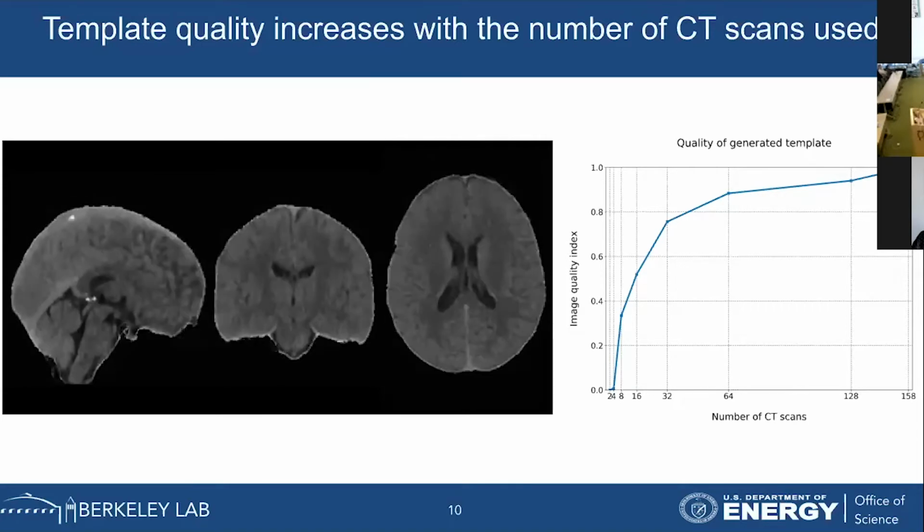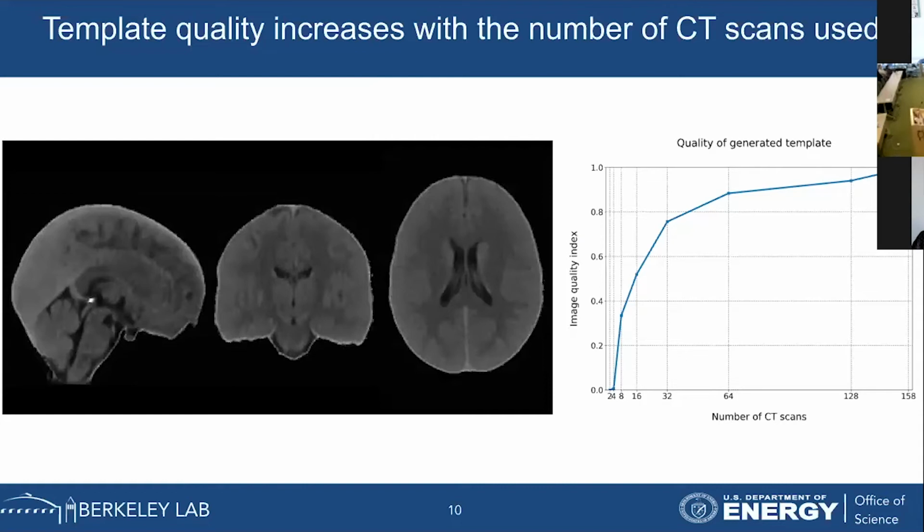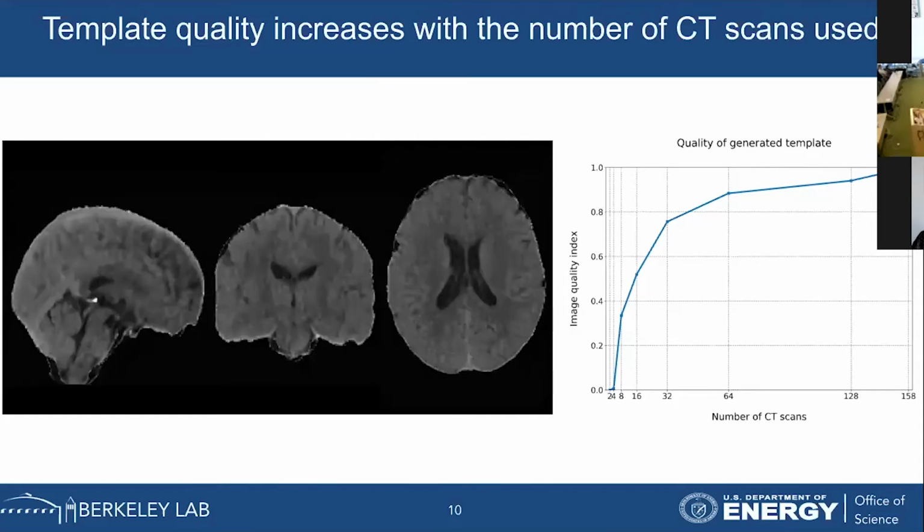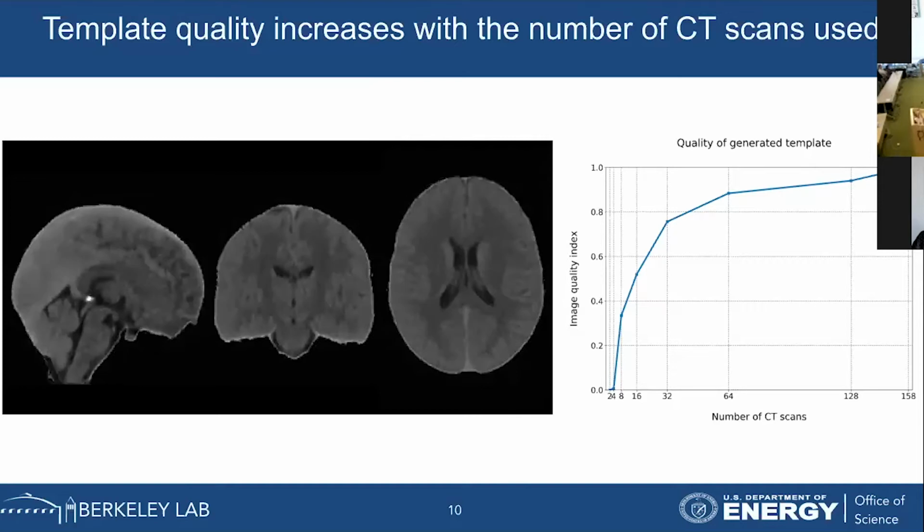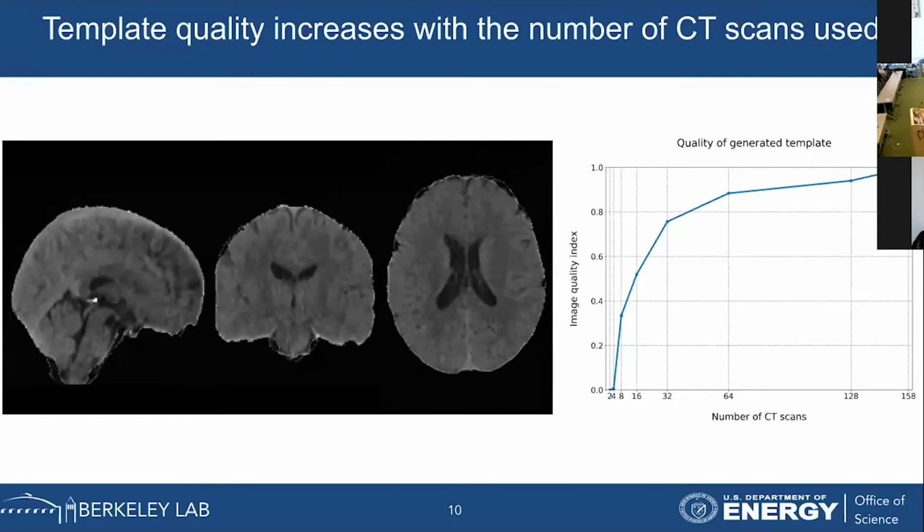And if you see the quality plot on the right, basically around 128, we obtain a pretty good resolution and contrast in terms of the imaging quality index. So that's the number we will keep using for all of the cohorts.